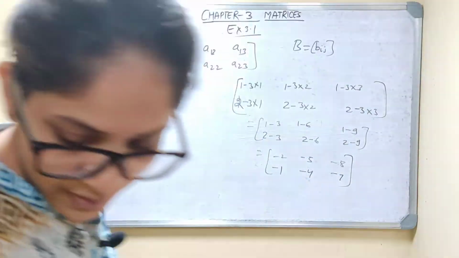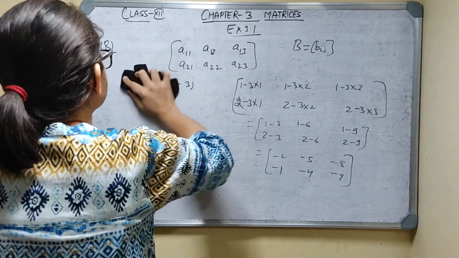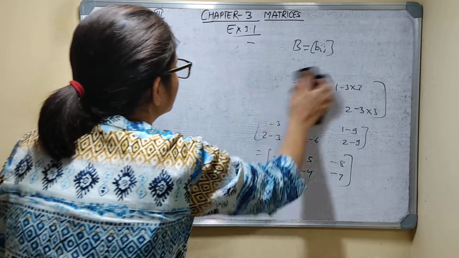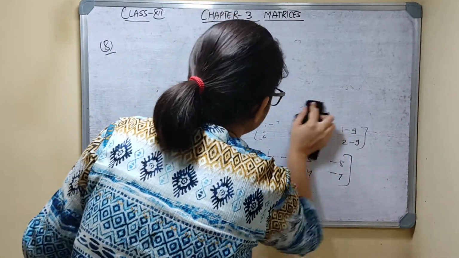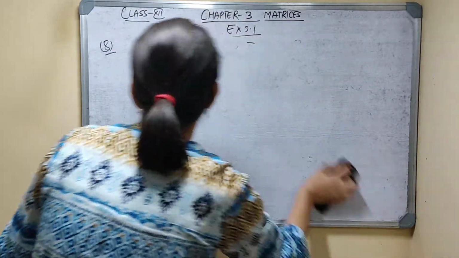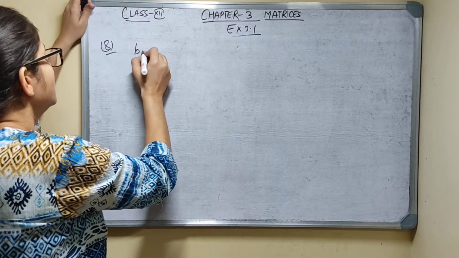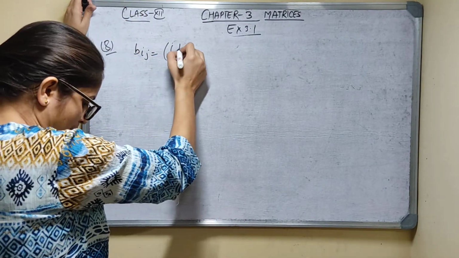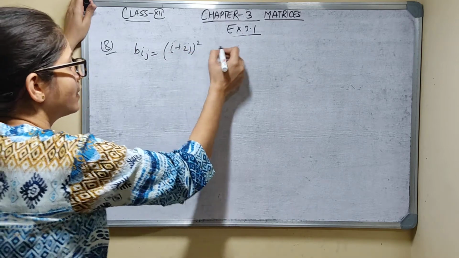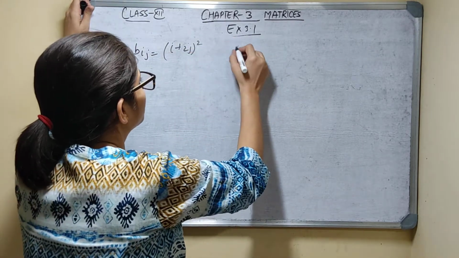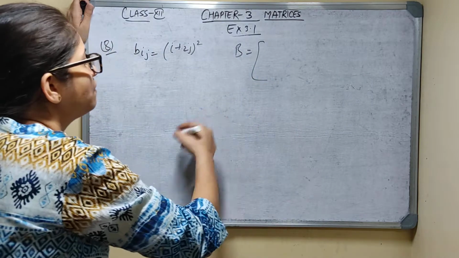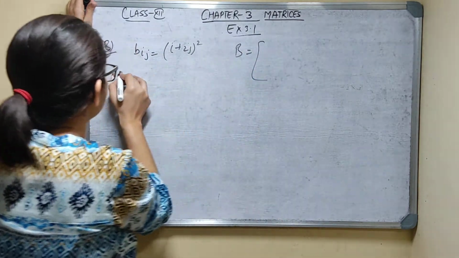Now second part. Bij is equal to (i plus 2j) whole square. So how will you write matrix B?